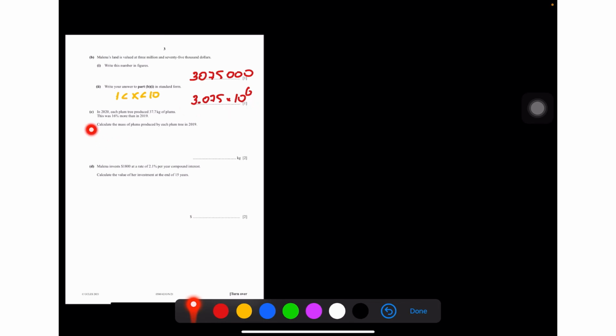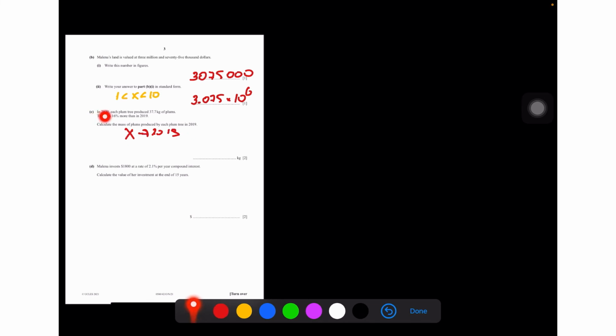And in part C, in 2020, each plum tree produced 37.7 kg of plums. This was 16% more than in 2019. Calculate the mass of plums produced by each plum tree in 2019. Suppose in 2019 they produced X kilograms.